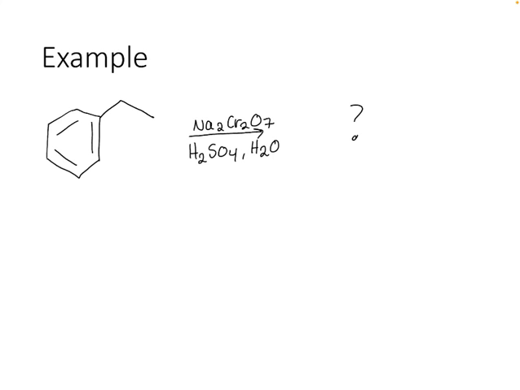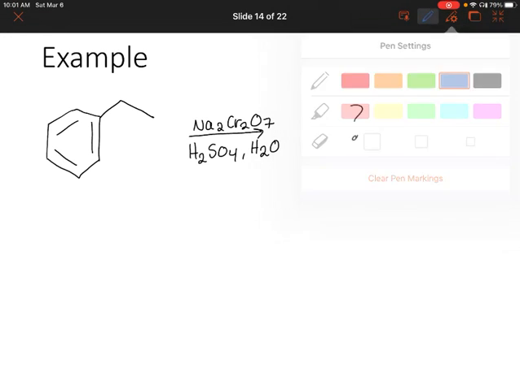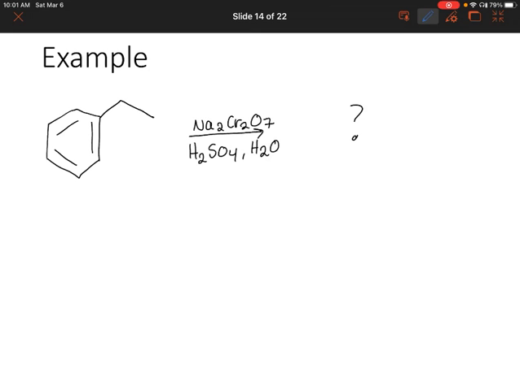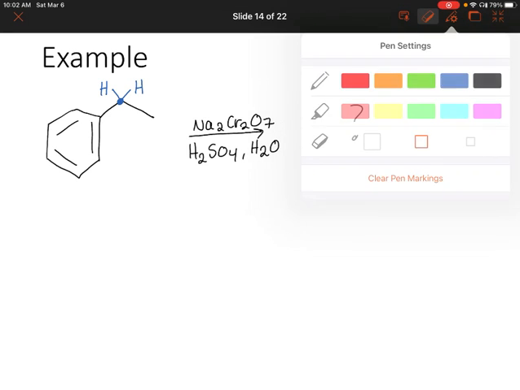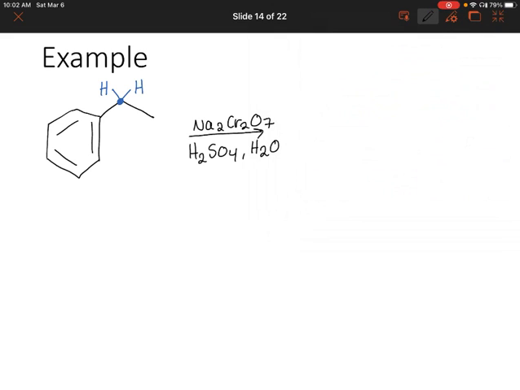Okay, so first let's identify the benzylic carbon. So that would be the first carbon off of the benzene ring. And let's see, how many protons does that carbon have? 2. Okay, so if we perform an oxidation here, then we're going to end up with a carboxylic acid at the benzylic position.